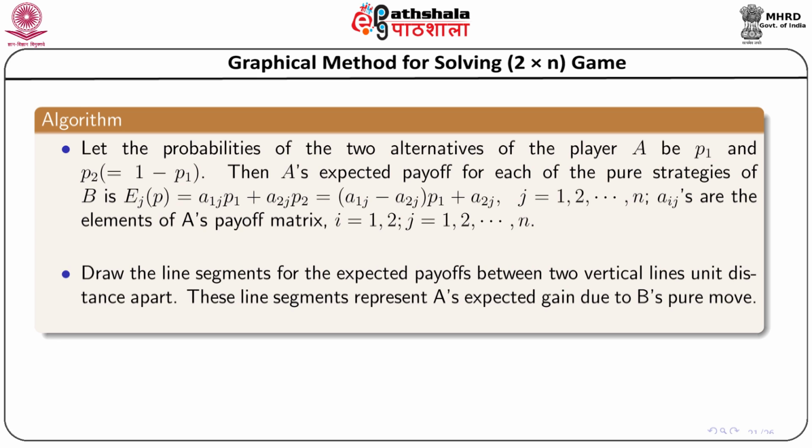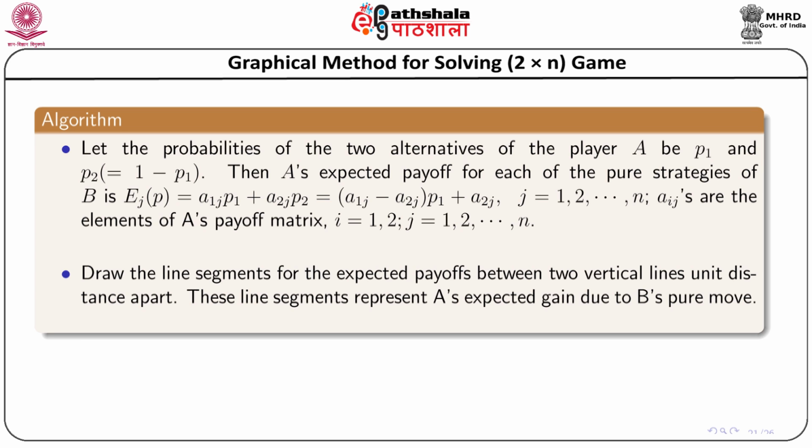Then A's expected payoff for each of the pure strategies of B is Ej(P) equals A1j P1 plus A2j P2, which can be simplified as (A1j minus A2j) P1 plus A2j, where j equals 1 up to n, and Aij are the elements of A's pay-off matrix.